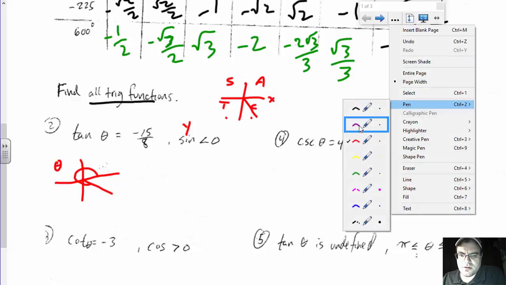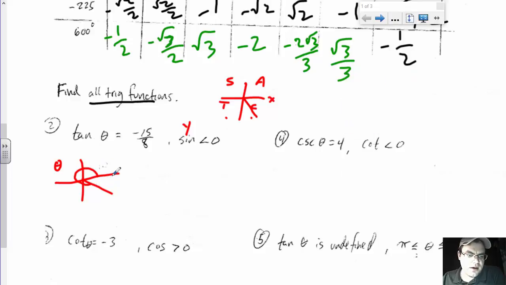Very well. Let's change pen. Let's go here. This gives me a right triangle when I use the reference angle, so I have a right triangle here. And the tangent is the y over the x. And the y here is negative 15, and the x here is 8. You can figure out the hypotenuse by using the Pythagorean Theorem.